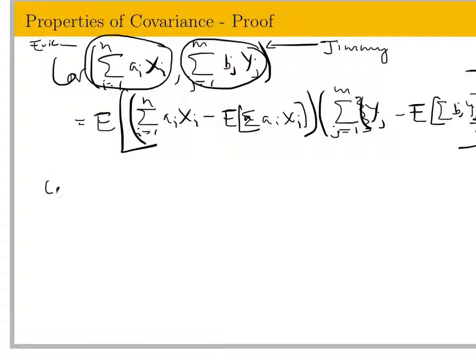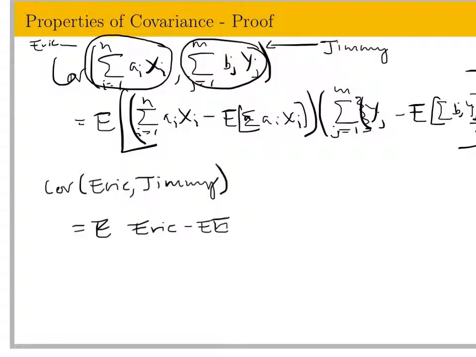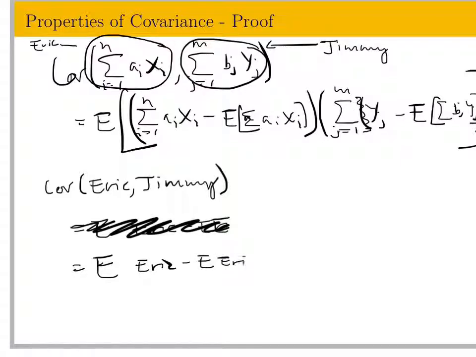And so what we're really saying is the covariance of Eric with Jimmy is equal to the expected value of Eric minus the expected value of Eric, times Jimmy minus the expected value of Jimmy.